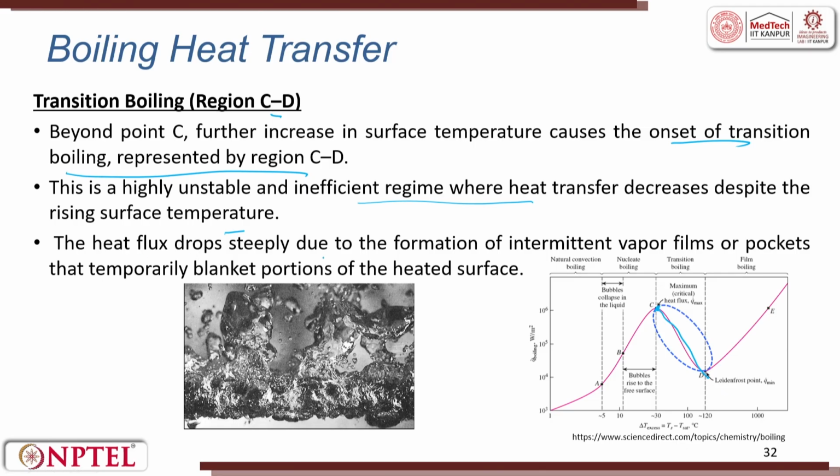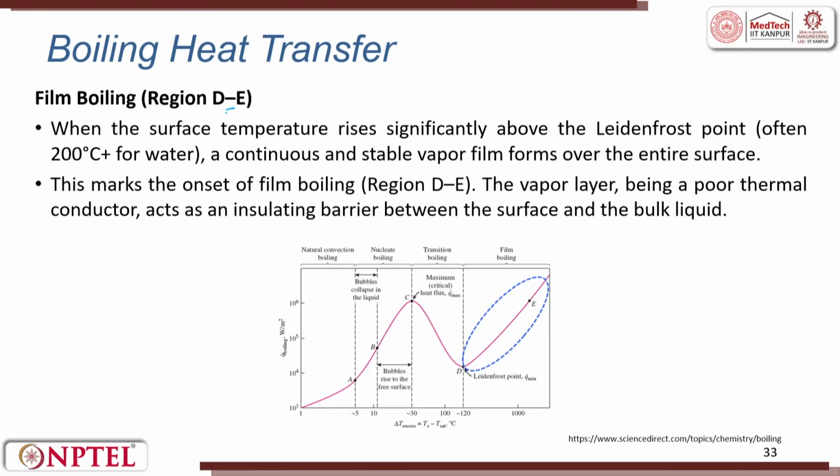The heat flux drops steeply due to the formation of intermittent vapor films or pockets that temporarily blanket portions of the heated surface. The temperature goes on high, and the vapor forms a jacket on top of it.